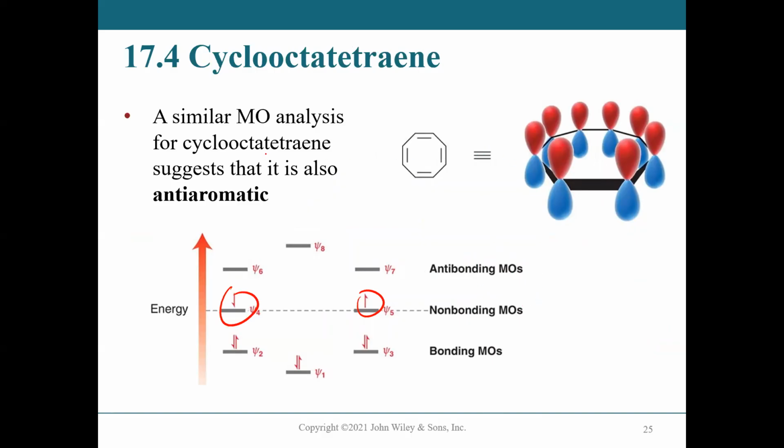So in cyclooctatetraene, we did have some non-bonding orbitals. This is where your atomic orbitals would be here. So we have 1, 2, 3, 4, 5, 6. And they're all at the same energy. So you have 8 electrons.